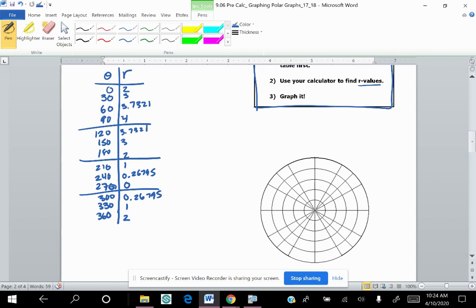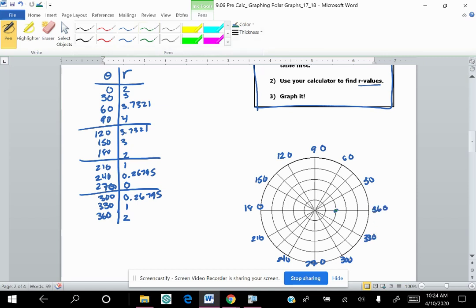So I've got at 0 degrees, I'm going to go out 2 circles. At 30 degrees, so this is 30, 60, 90, 120, 150, 180, 210, 240, 270, 300, 330, 360.